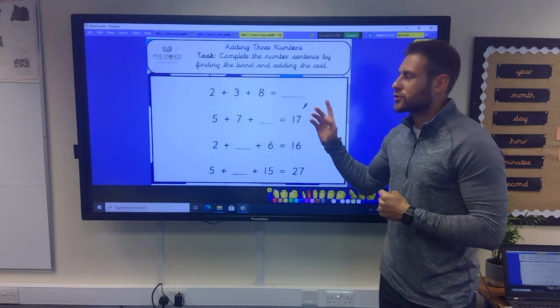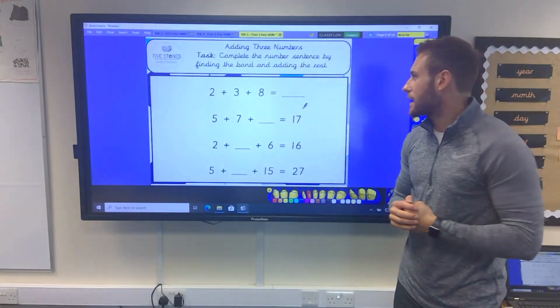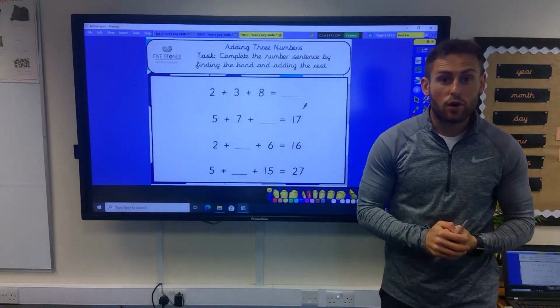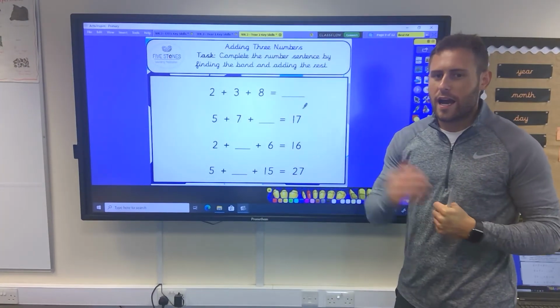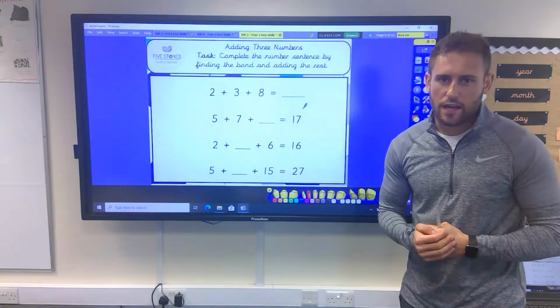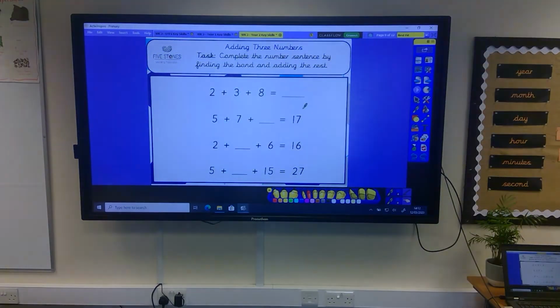I would like you to solve these calculations. At times you might get to spot the bond, times it might not work. See if you can spot the bond, add the rest, add these digits together. Off you go. Pause the video to allow for more time.